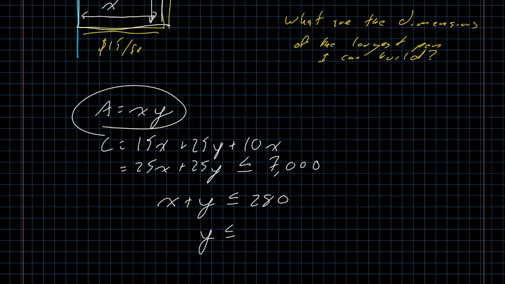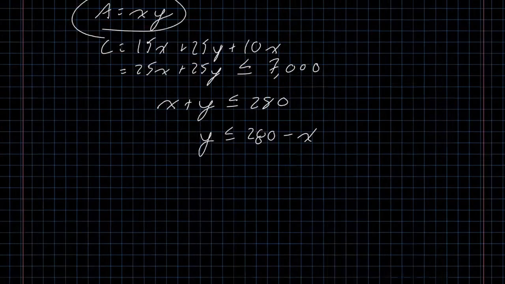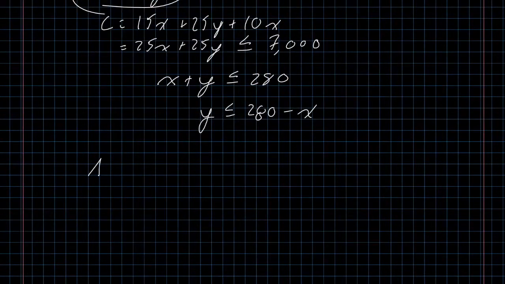Y is less than or equal to 280 minus x. Taking that constraint, I can put it into my objective function. A is equal to x times y, which we're now constraining to 280 minus x.